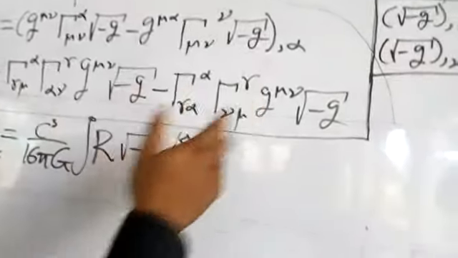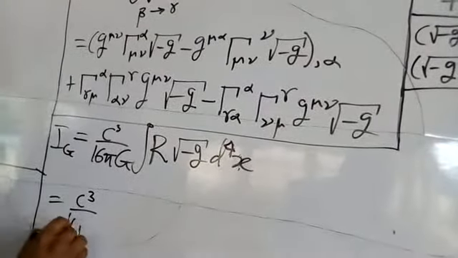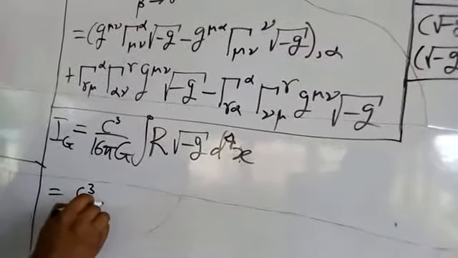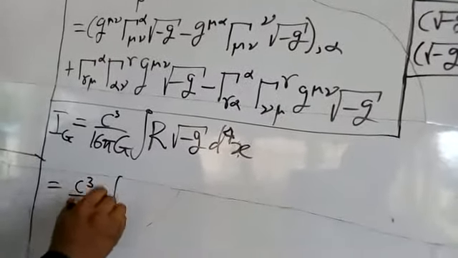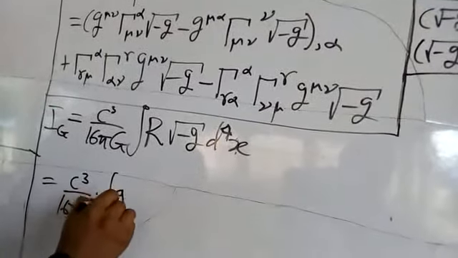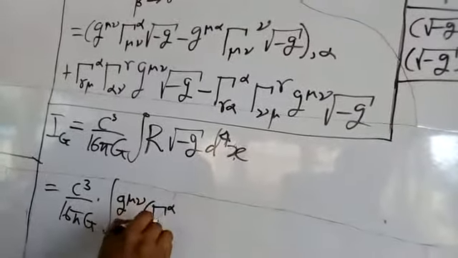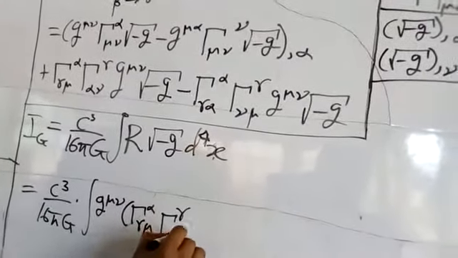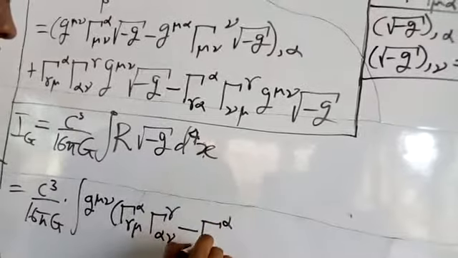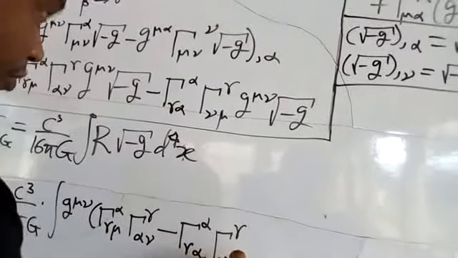Let me start with the second one. I think the second one I can write as c cubed all over 16 pi G. For no particular reason, I decide to pick that first. I can put g mu nu, which is common to all of them, gamma alpha mu gamma alpha alpha nu minus alpha gamma gamma mu.